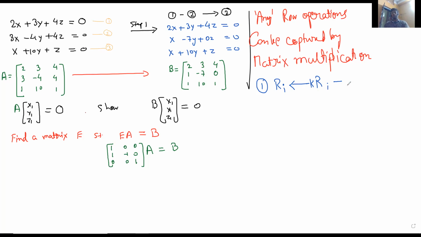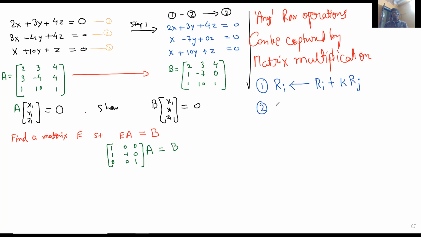Actually, I don't need to say this. I can just say replace this by, and I'll ask you to prove why this thing. I'm not multiplying Ri because that will be captured separately.